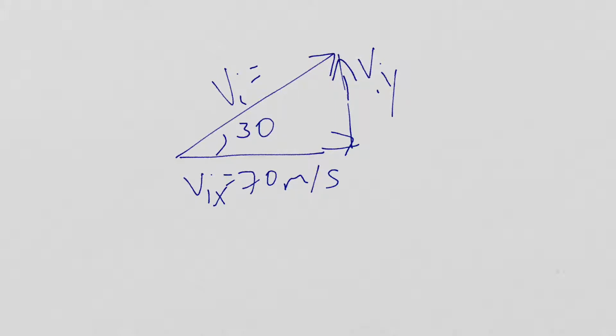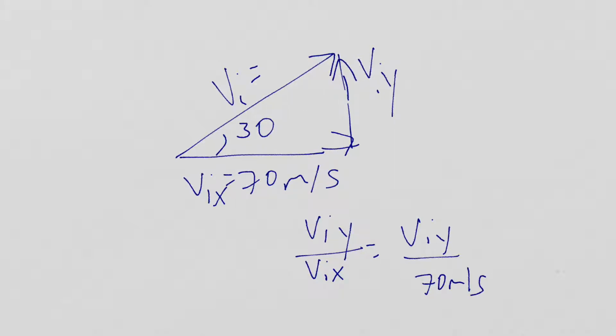So to find the initial velocity in the y direction, we need something that is the opposite over the adjacent, because we have VIY over VIX, which is VIY over 70 meters per second. And that is the same thing as opposite over adjacent, which is tangent. So it would be the tan of 30 is equal to VIY divided by 70.